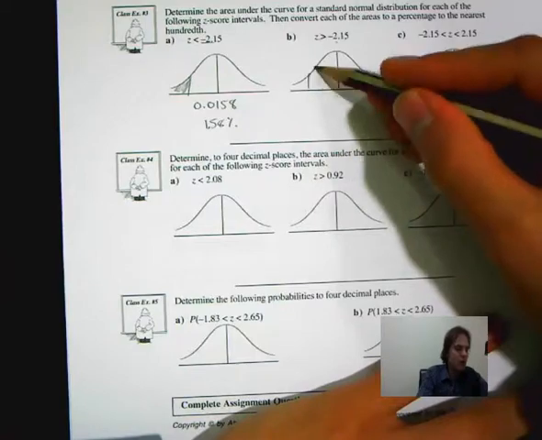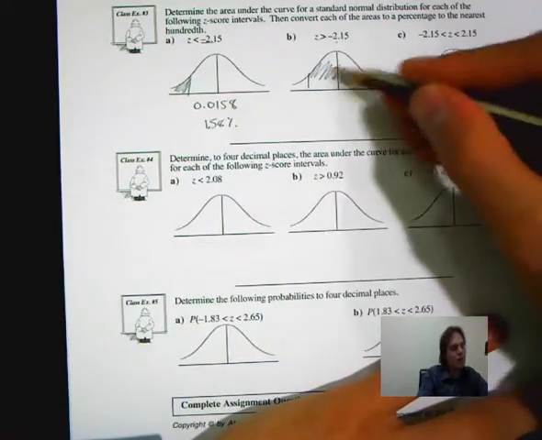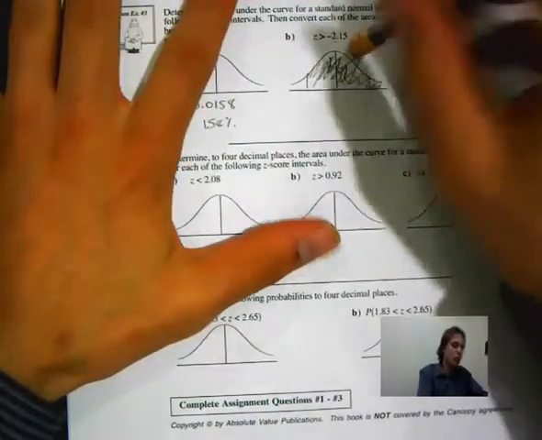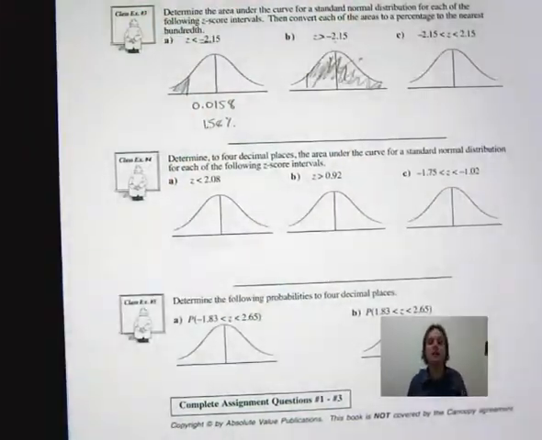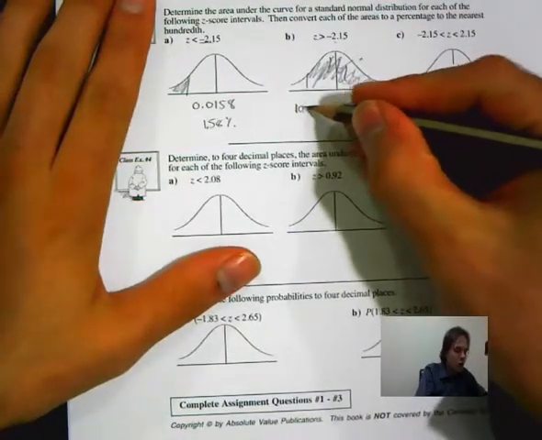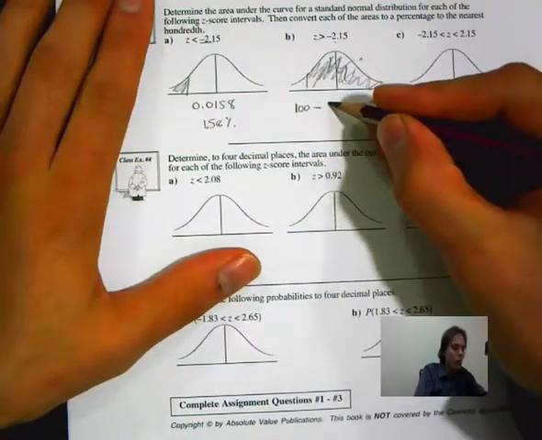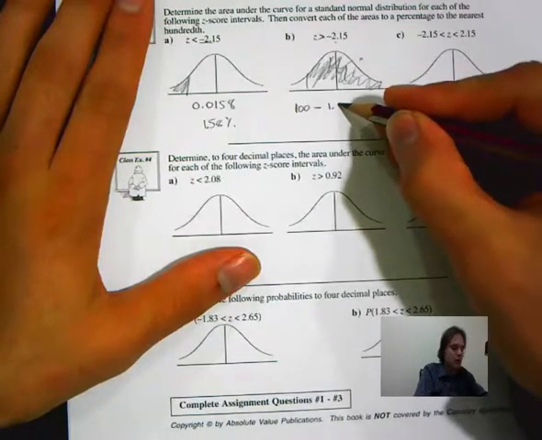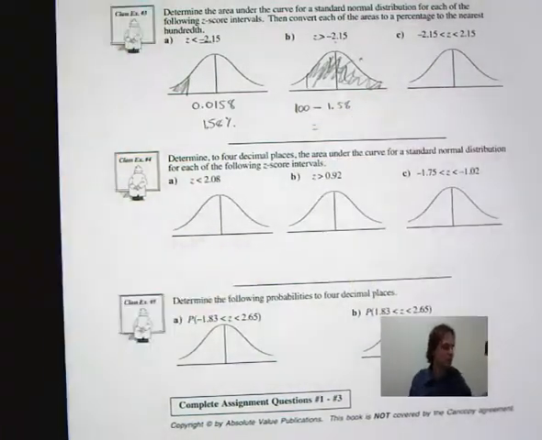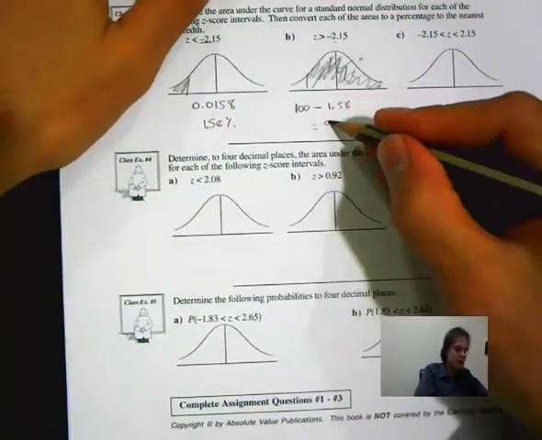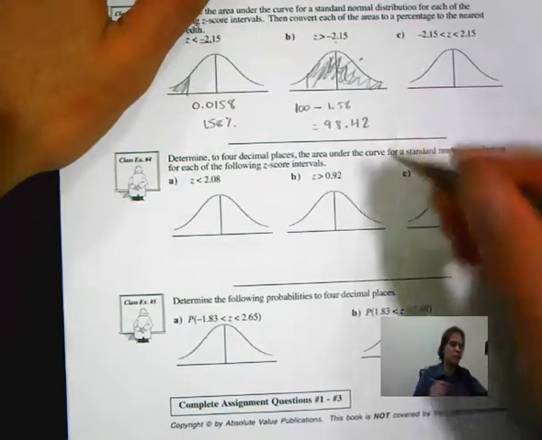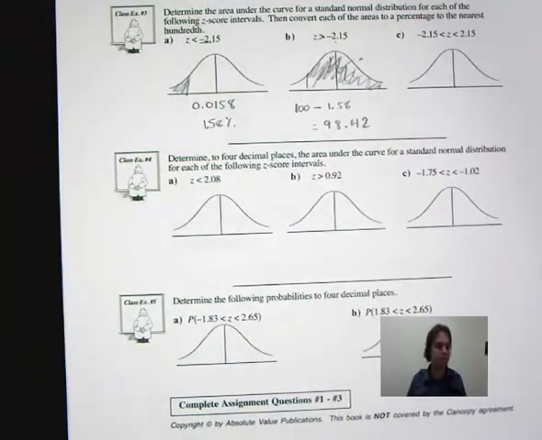It wants all of this. Well, remember from before, the total area under a curve is 100%. So we're going to go 100 subtract 1.58, which will give me 98.42. Okay? And that's it.